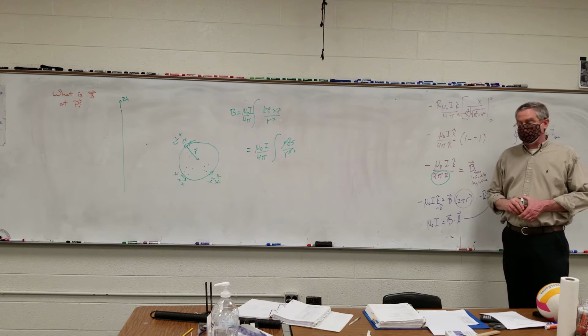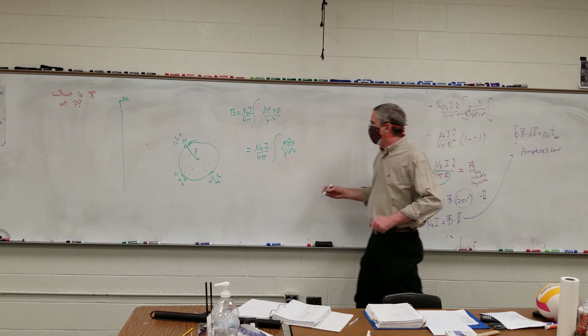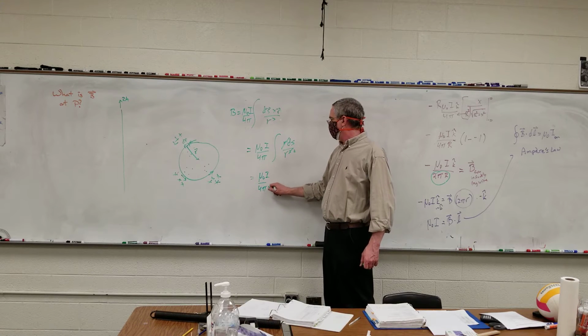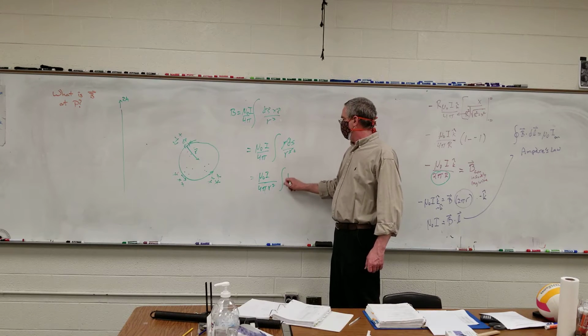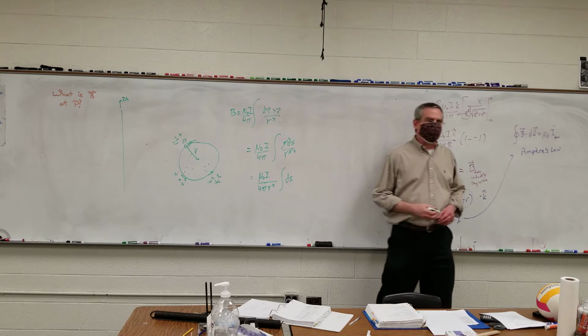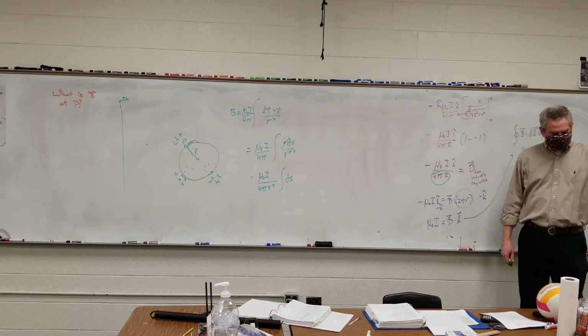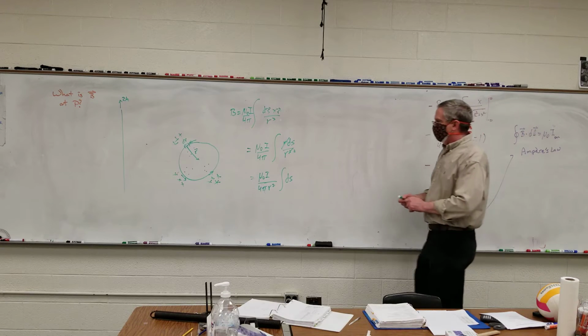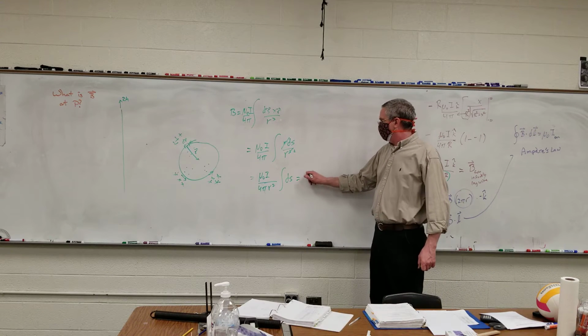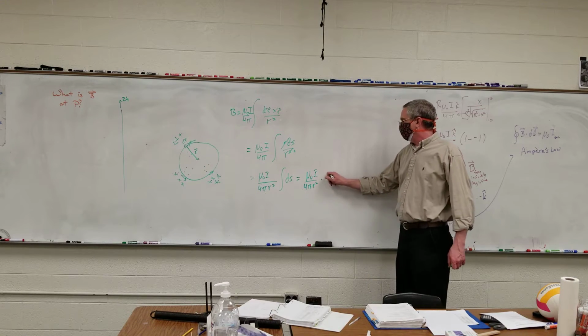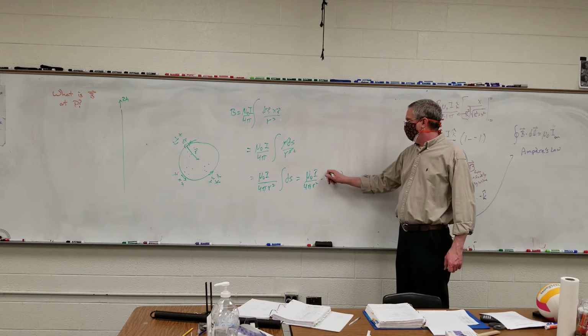Now r is constant because it's a circle. So this is mu naught I over 4 pi r squared times the integral of ds. This is just an integral of ds, so that would just be the length of the circle. So mu naught I over 4 pi r squared times 2 pi r.